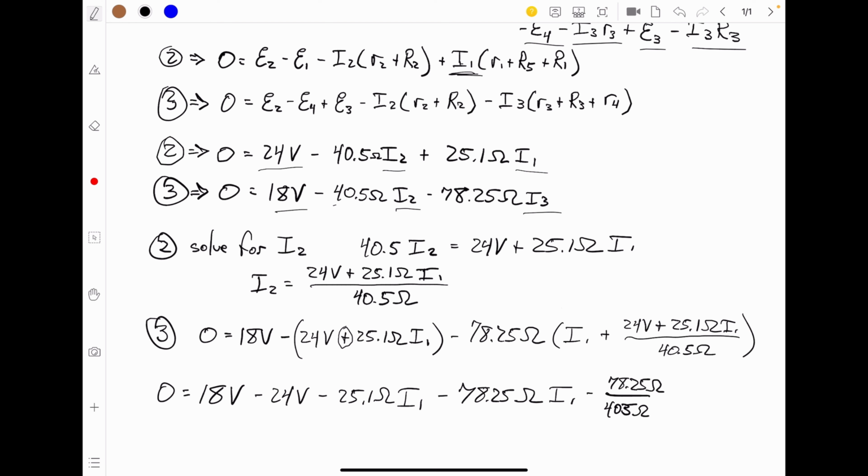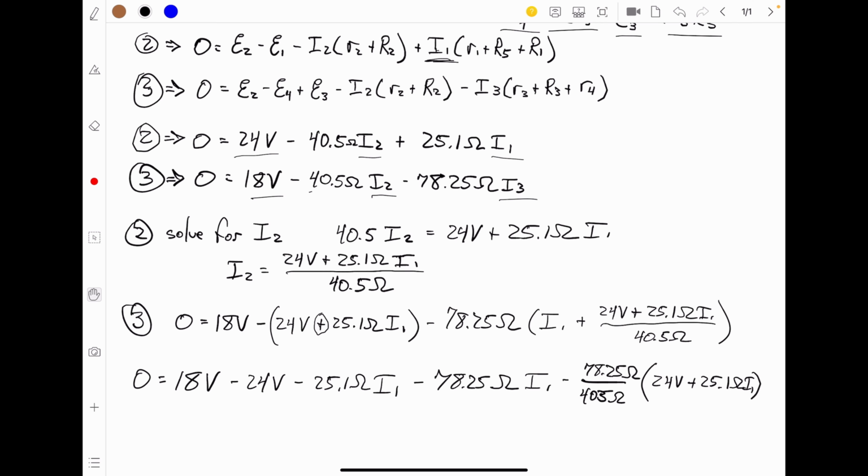They're both ohms. And we're going to be multiplying that by both 24 volts and 25.1 ohms times I1. Do we need more space? Yeah. Okay.